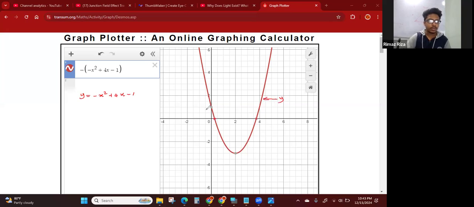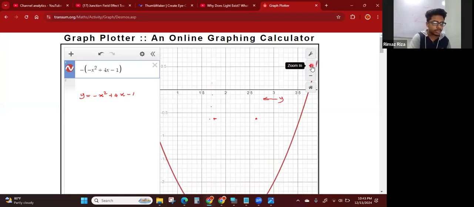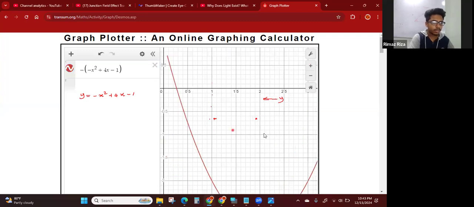Here x equals something like 0.7 and here 3.7, something like that. If you want, you can check those values exactly. I'll zoom in.